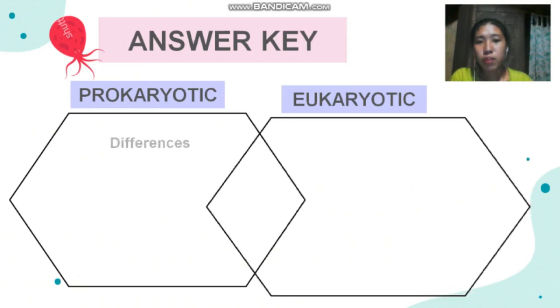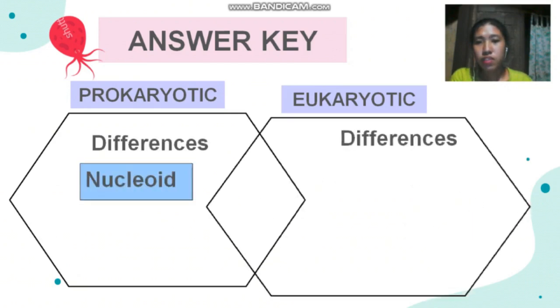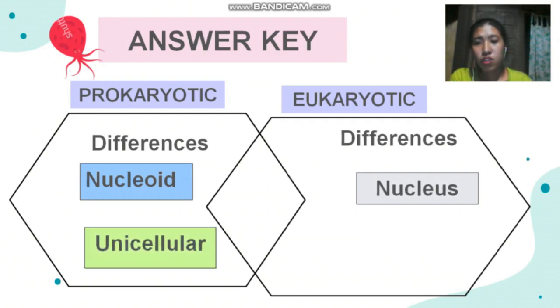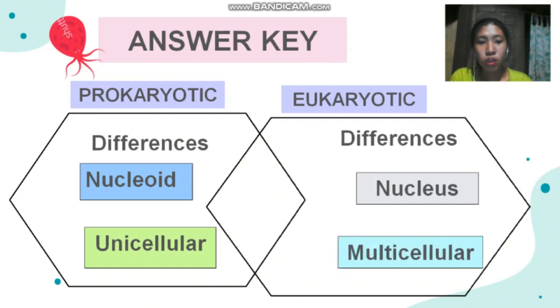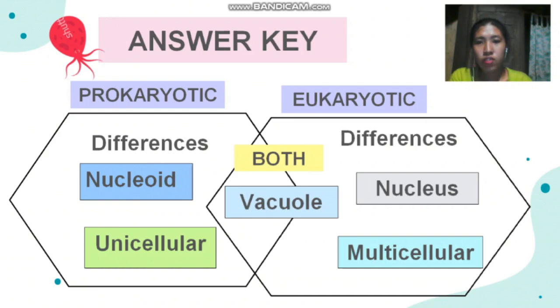So the missing part is, first, for prokaryotic, it has a nucleoid, while eukaryotic has a nucleus. Prokaryotic is unicellular and eukaryotic is multicellular. Both of them have vacuole. So class, it is not only limited to vacuole, so you can also check those parts which are the similarities of both prokaryotic and eukaryotic on the diagrams that we showed earlier.